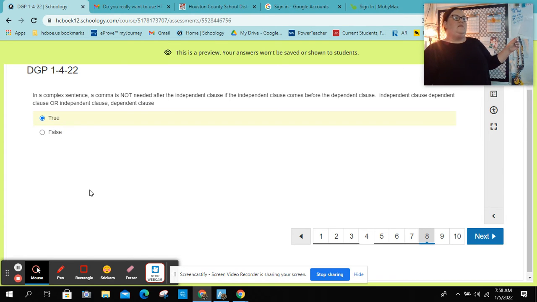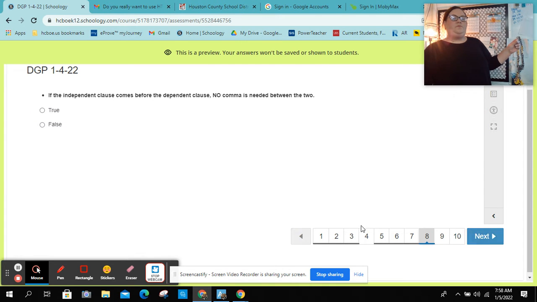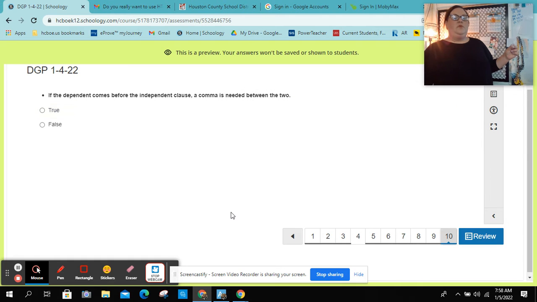So this is true. If the independent clause comes before the dependent clause, no comma is needed between the two. True. If the dependent clause comes before the independent clause, a comma is needed. True.